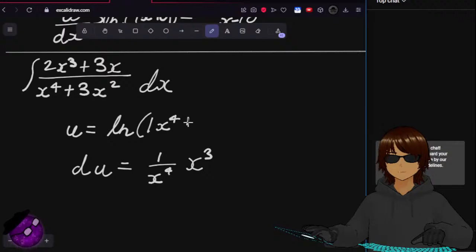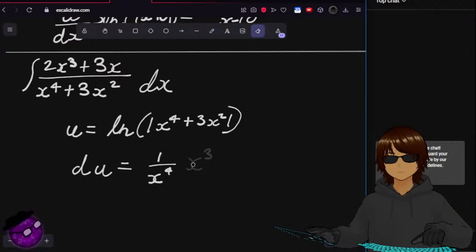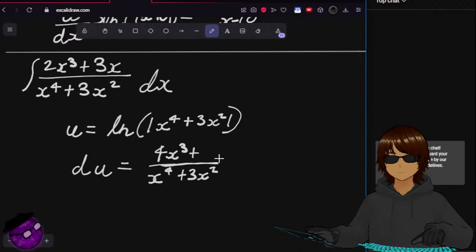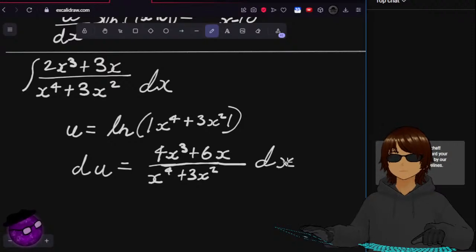x to the power of 4 plus 3x squared, 4x cubed plus 6x, dx. I think this is it.